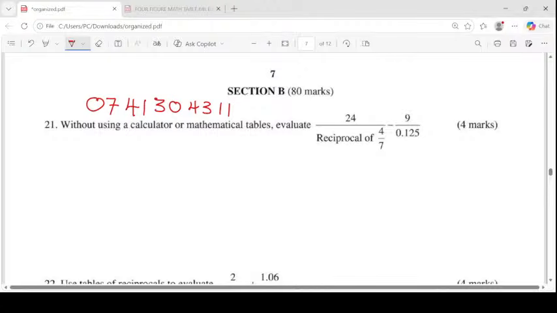Let us now see how we will tackle section B of this wonderful paper in detail.